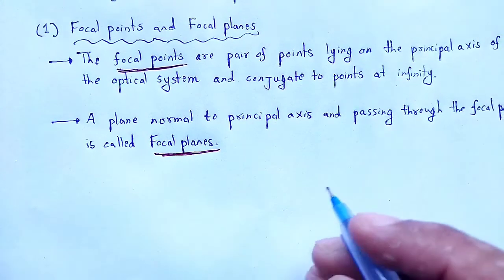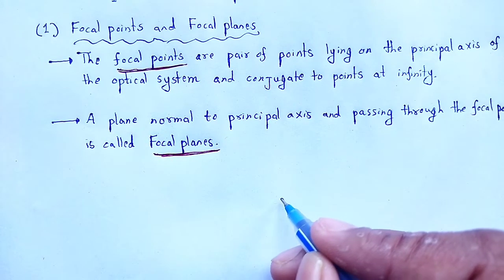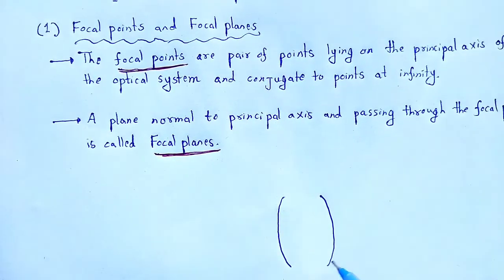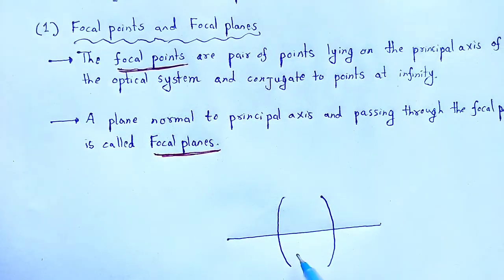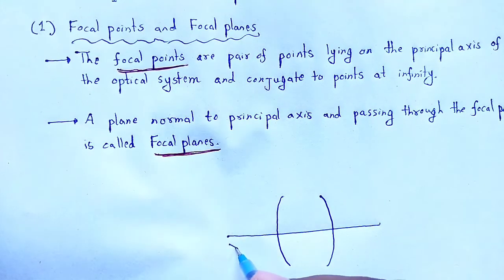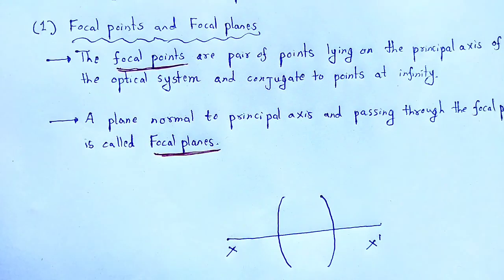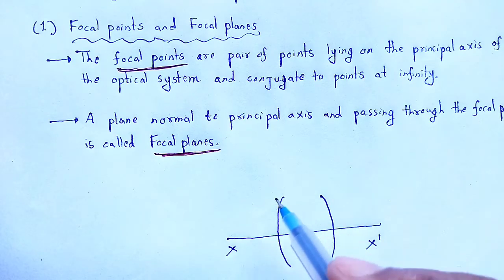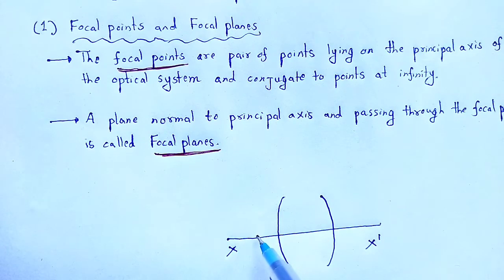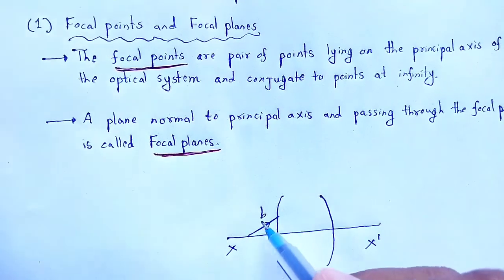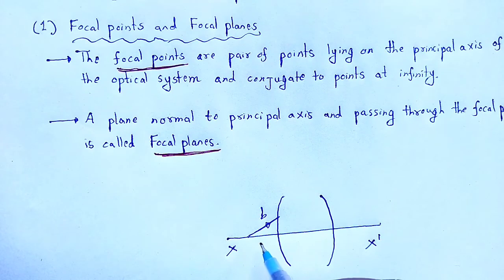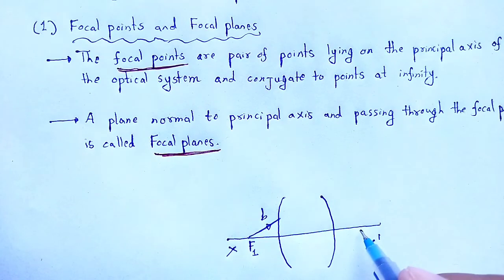Let us consider a convergent coaxial optical system with principal axis X dash X. Let an incident ray B pass through a point, that is F1, on the principal axis.